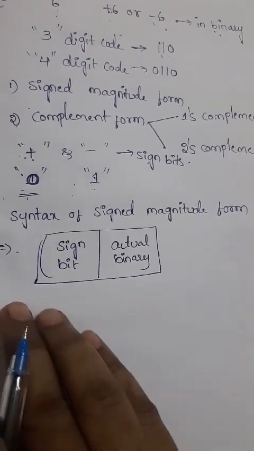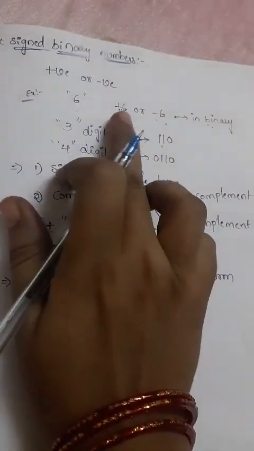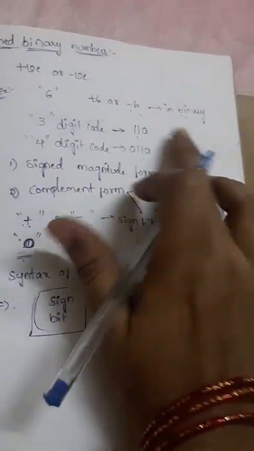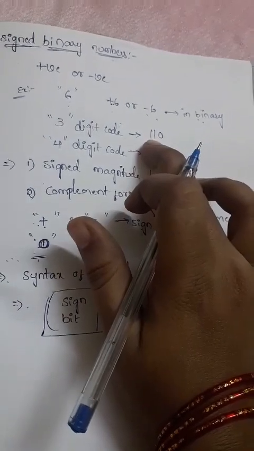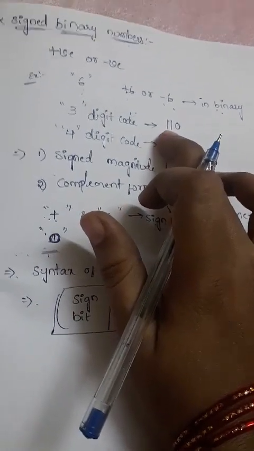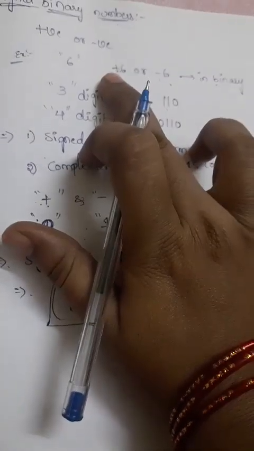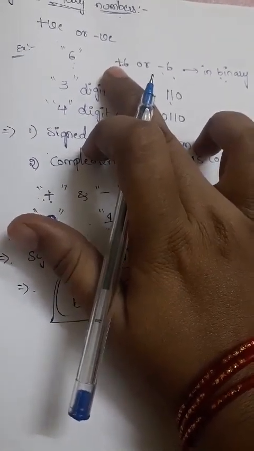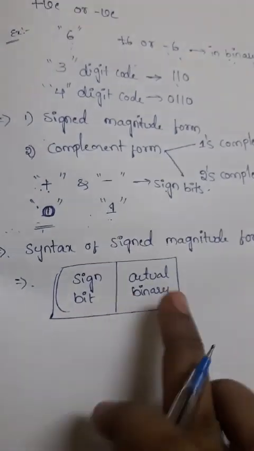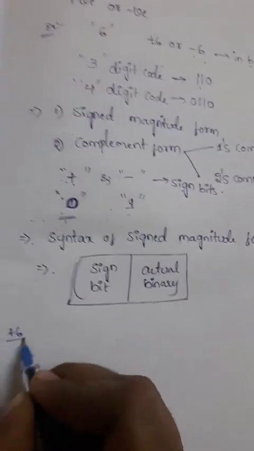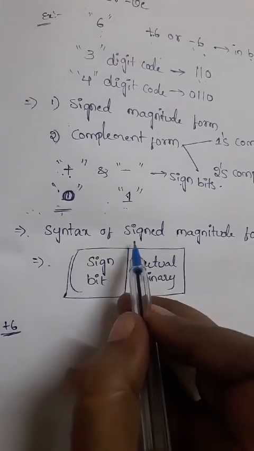For example, if you want to represent 6, the actual binary number for a 3-digit code is 110. Already we know that, right? Suppose you want to represent plus 6 in signed magnitude form.